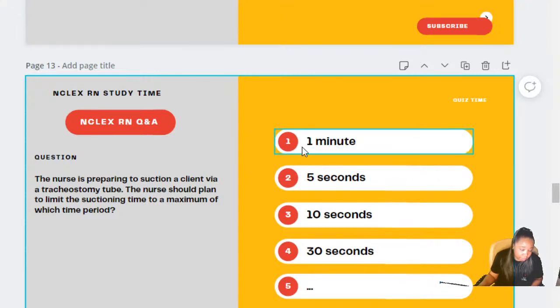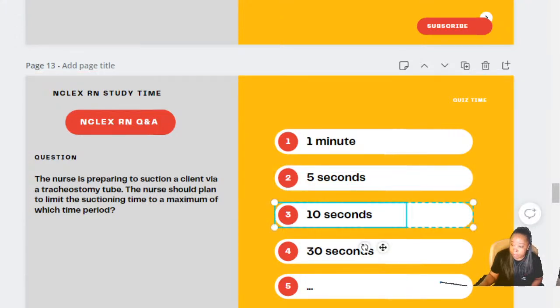We have to remember minute is minute and second; a minute is 60 seconds. So we have to be careful. We eliminate 1, we eliminate 4. So now we have 5 seconds and 10 seconds. 5 seconds is not enough, so we're going with 10 seconds, okay?